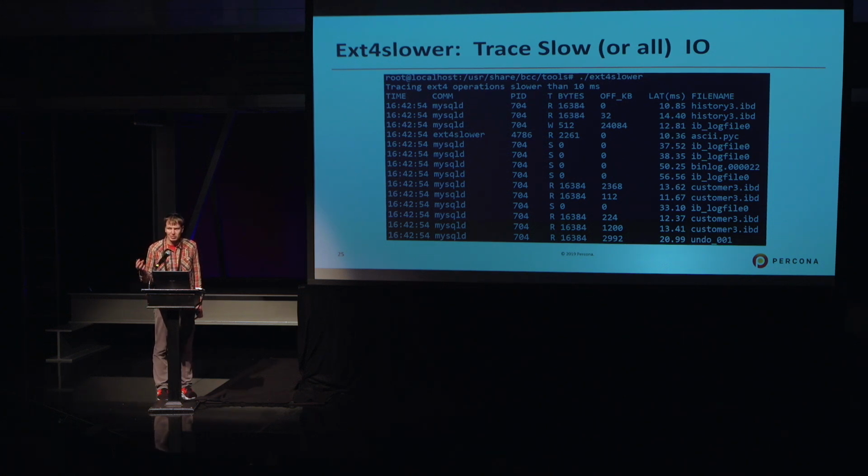If you want to say, hey, is there any kind of IO starvation, or something performing slower than expected? In this case, I am looking at tracing operations taking more than 10 milliseconds.